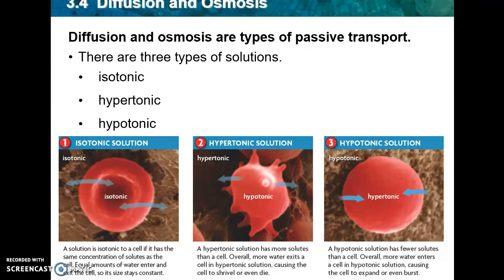The solution itself has more solute, which in this case could cause the cell to shrivel up and even die. That's like the Karo syrup when we did our egg experiment. In the hypotonic solution, the solution itself has fewer solutes than the cell, so water is going to pour into the cell, causing it to swell up and possibly even burst. This example would be our eggs that we left in the distilled water.